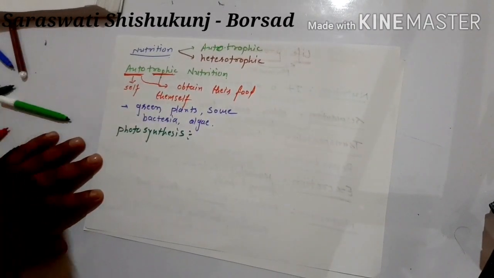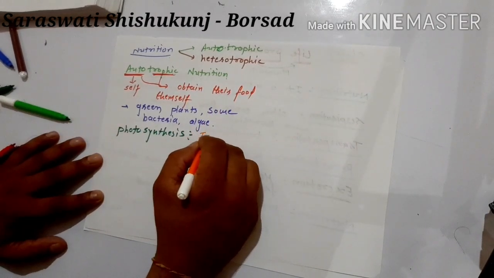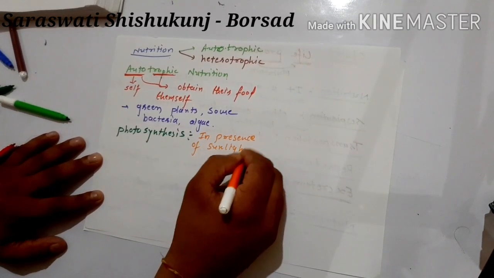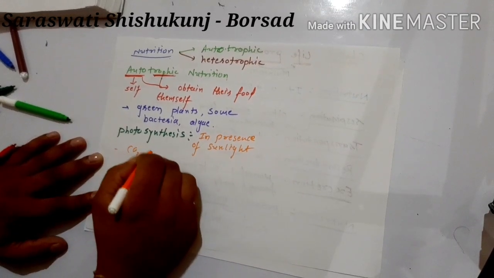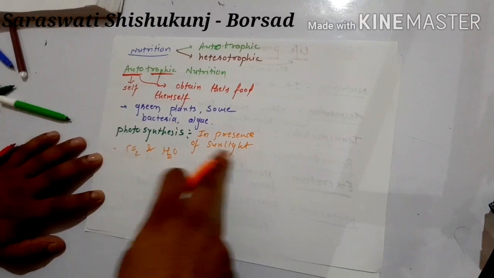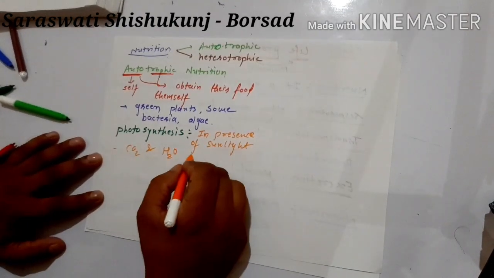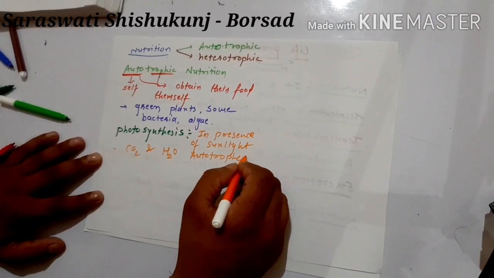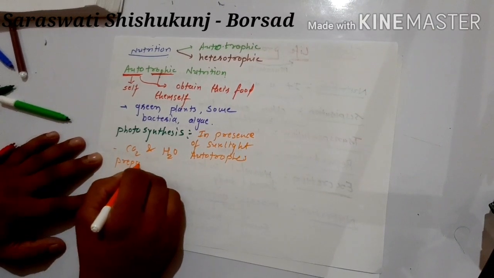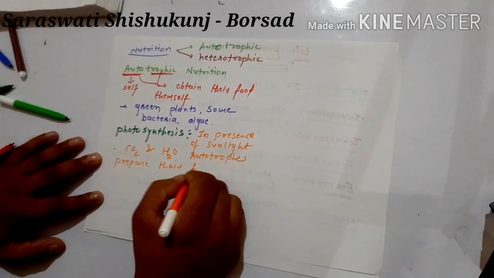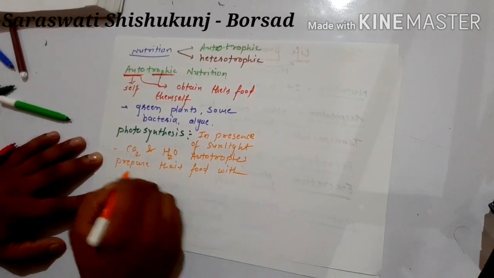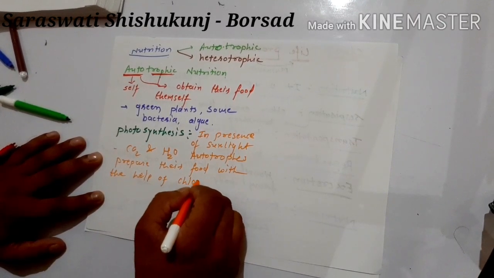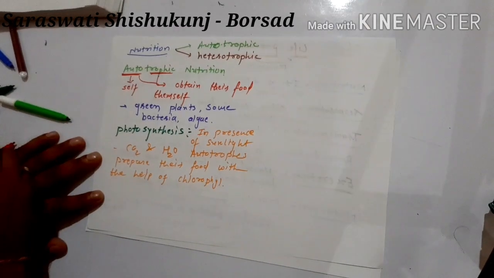We can write photosynthesis like this: in presence of sunlight, by using carbon dioxide and water, autotrophs prepare their food with the help of chlorophyll.